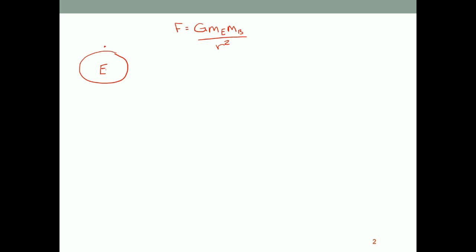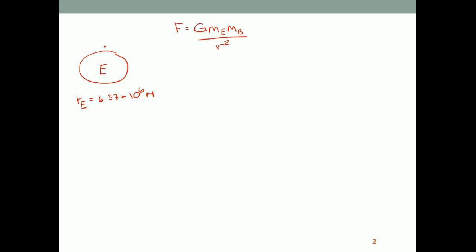Okay, now you can either ask Dr. Google or you can look in the back cover of Kirkpatrick and Francis here, and you see that the radius of the Earth, I'll write it down here, is 6.37 times 10 to the 6th meters. Okay, so now think about it.